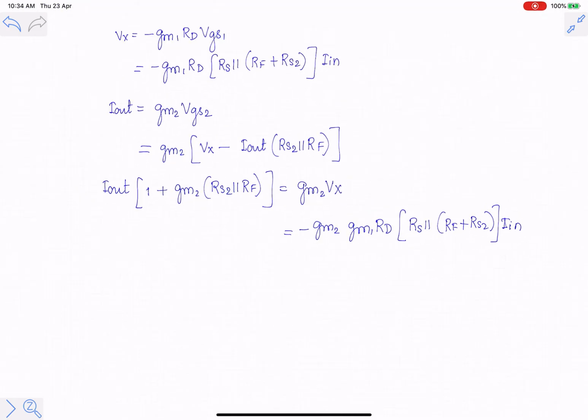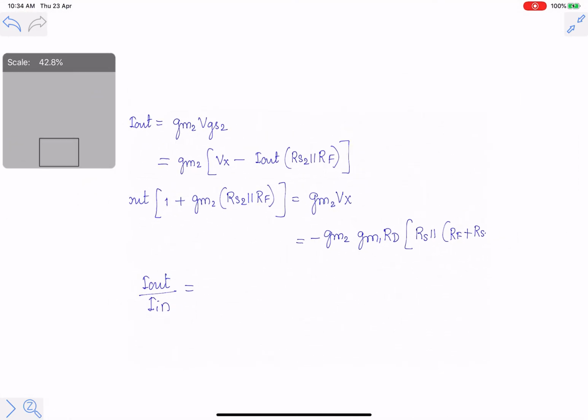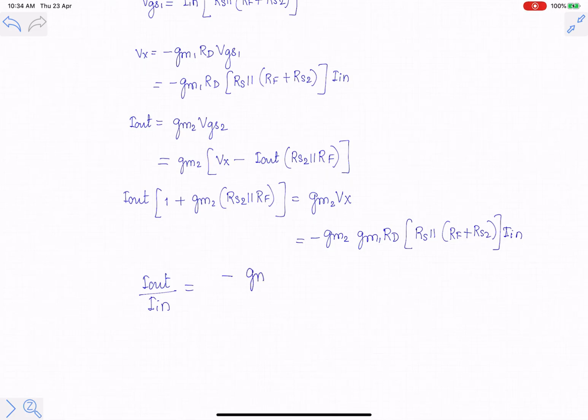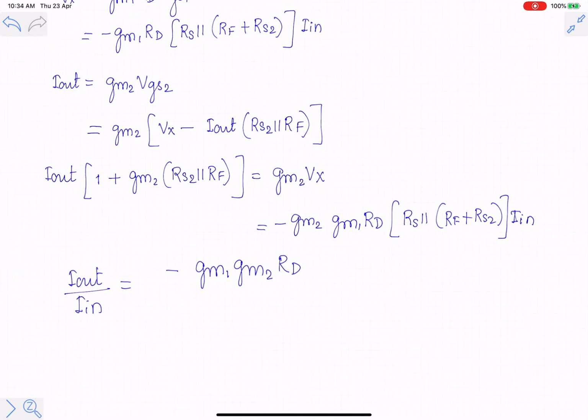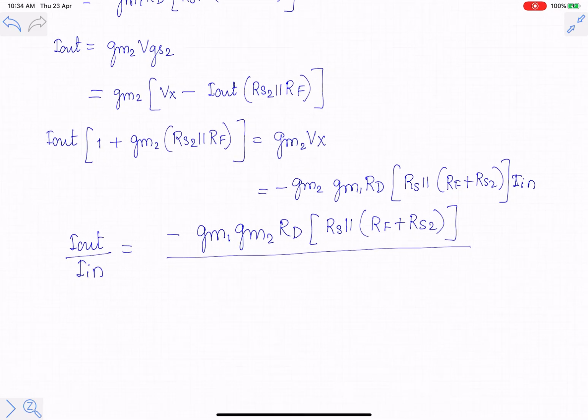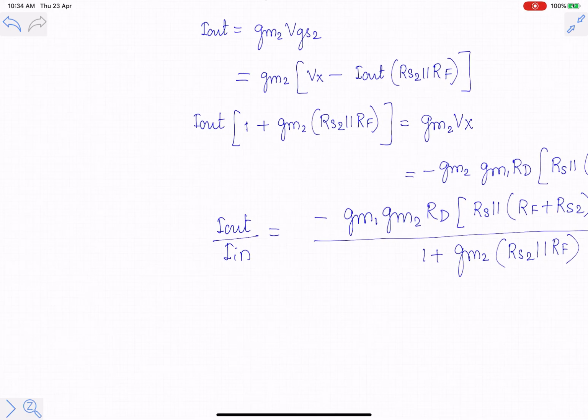Now from this we can write the expression for IOUT divided by IN equal to minus GM1 GM2 into RD multiplied by RS parallel RF plus RS2, divided by 1 plus GM2 into RS2 parallel RF. This is the equation for AI open.